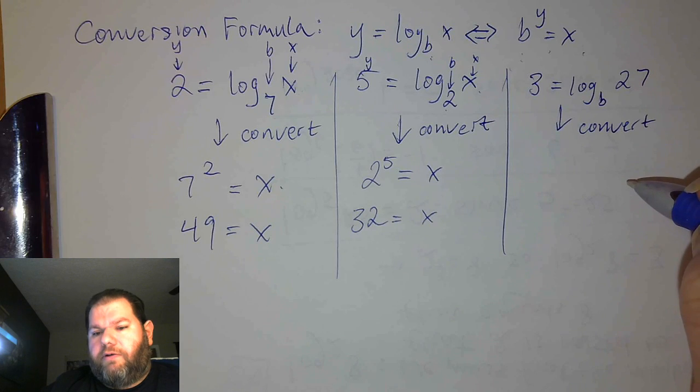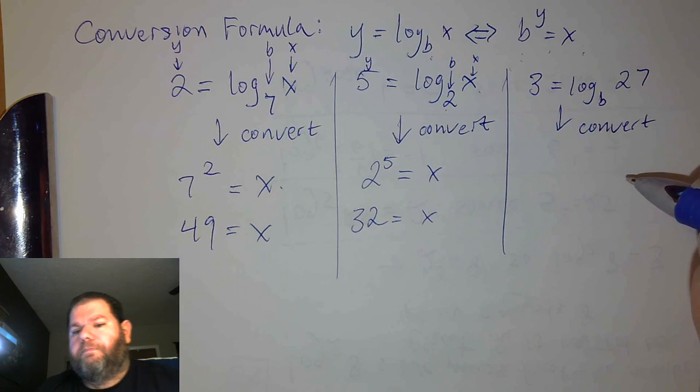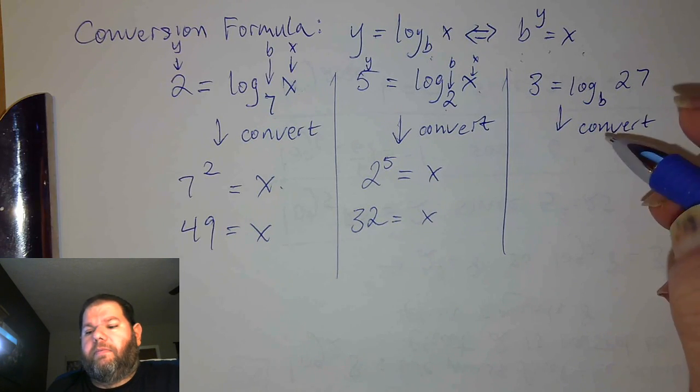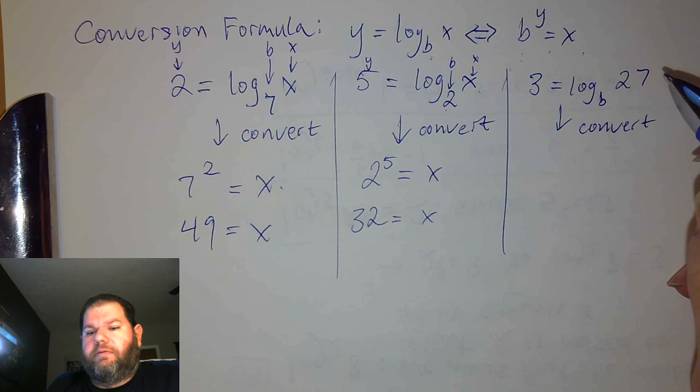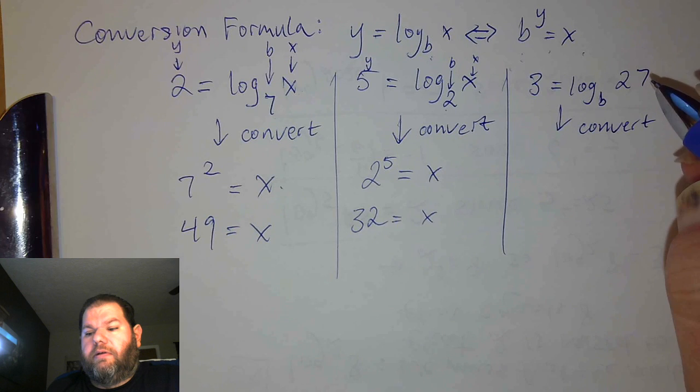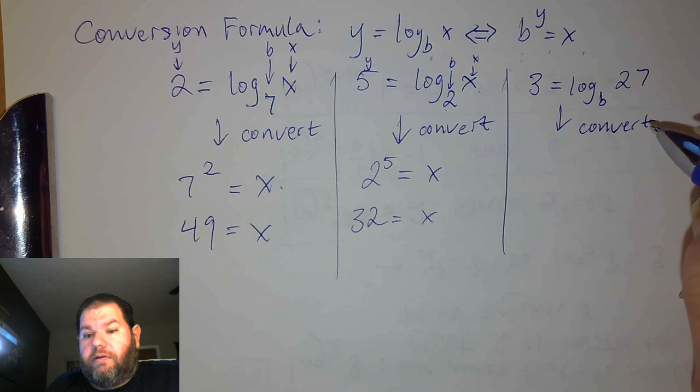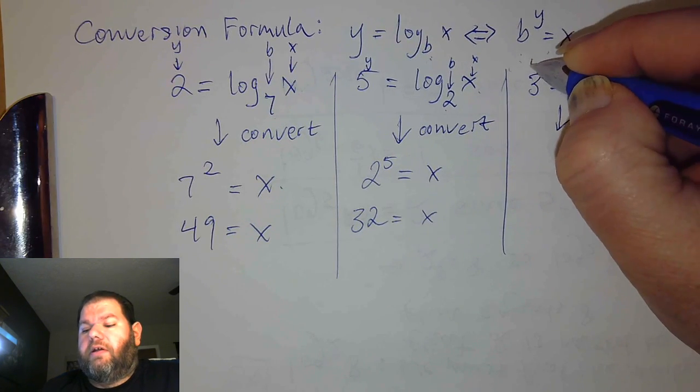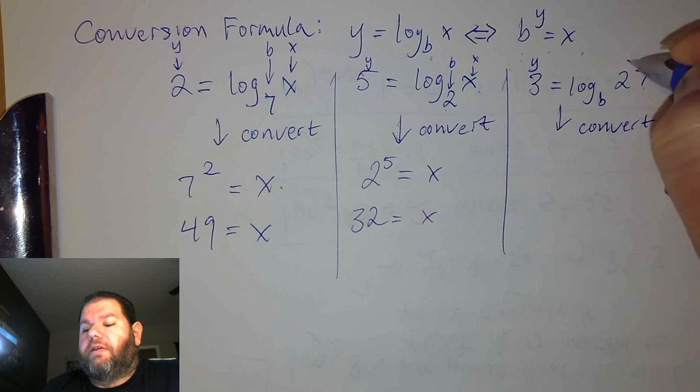Instead of x, we actually have, so here's y, b, and then x.